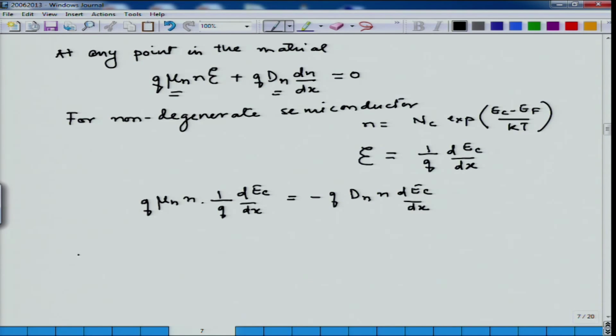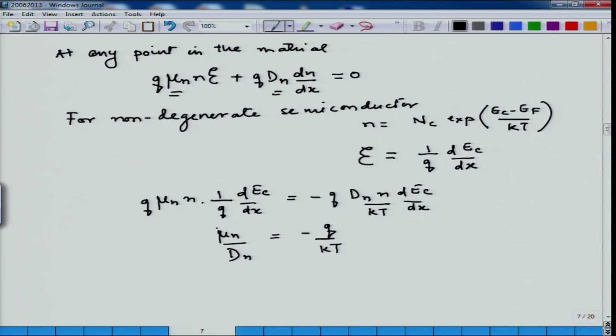So, if we simplify this expression, this basically generates that mobility, this cancels out and cancels out, and dEc dx cancels out. So, mobility divided by the diffusion constant is going to be, sorry, when I differentiate this, I will get expression of 1 over kT, is going to be given by negative q over kT.